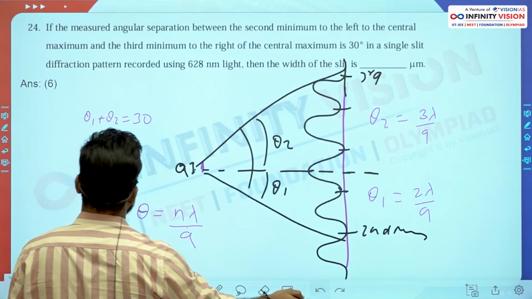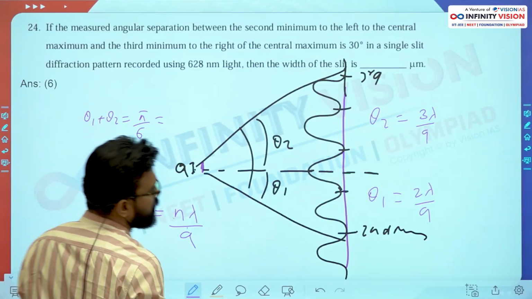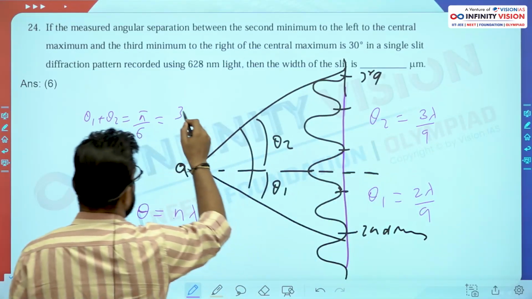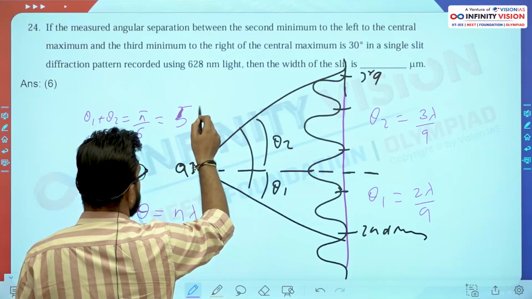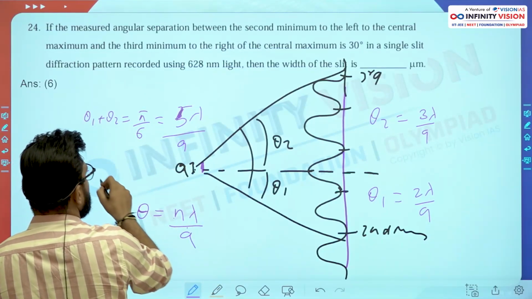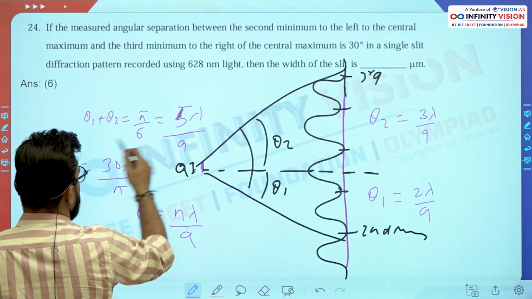30 degree is nothing but pi by 6, which equals 3 plus 2, which is 5 lambda by A. So A comes out to be 5 times 6, which is 30, lambda by pi.